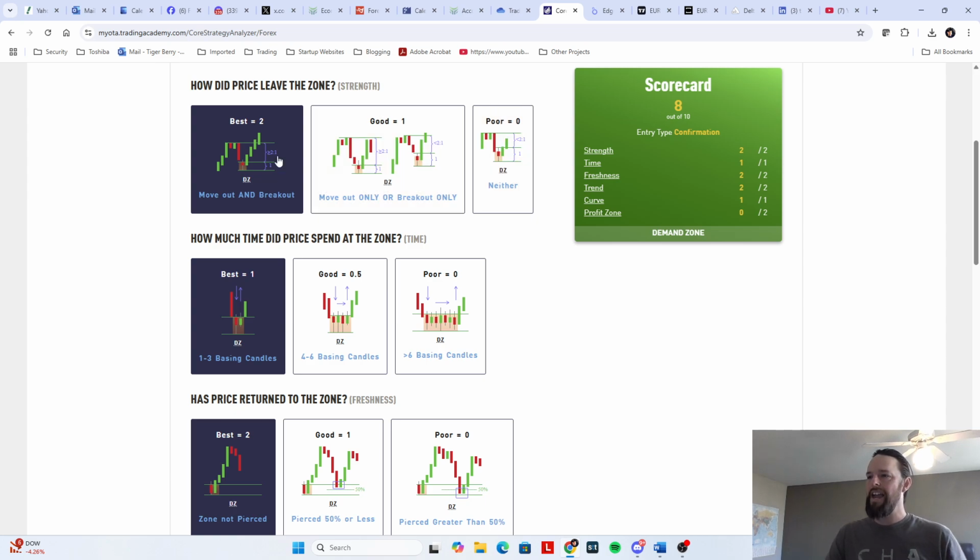Okay. The idea is if you're looking over here on the best, you want price to break through a recent top if you're trying to buy long. It's called a break of structure, right? That's important. It basically shows how strong that zone is. If that zone is strong enough to take out this area right here, which is technically a supply zone, okay?